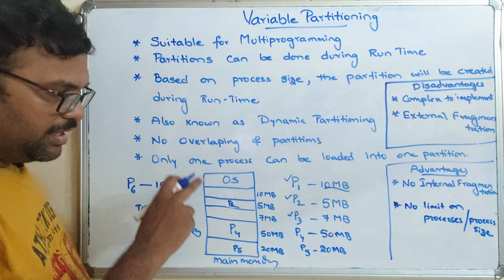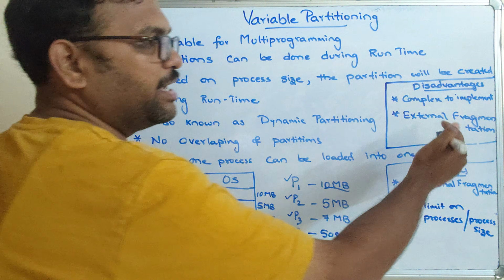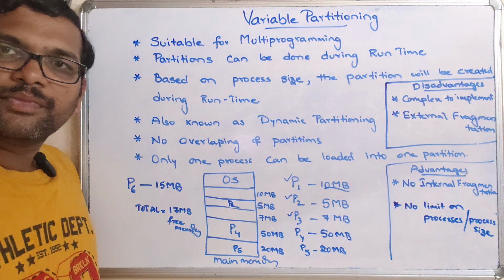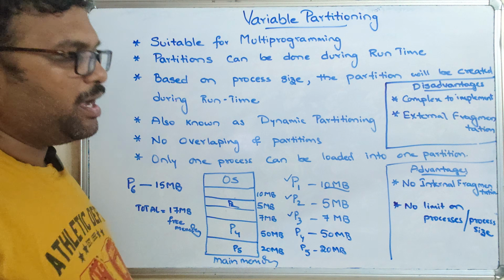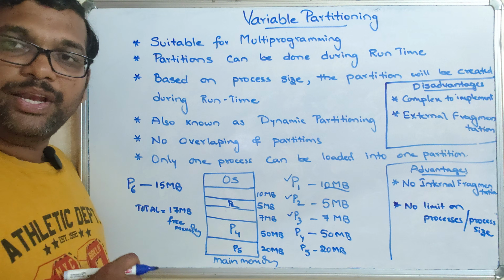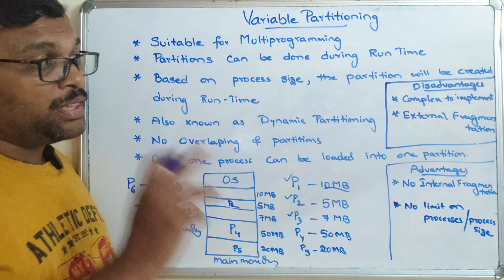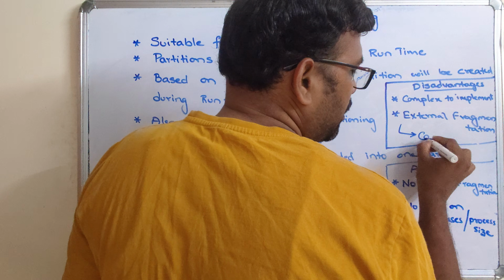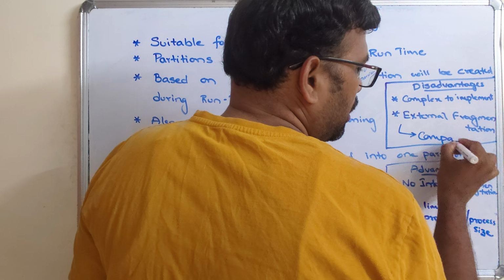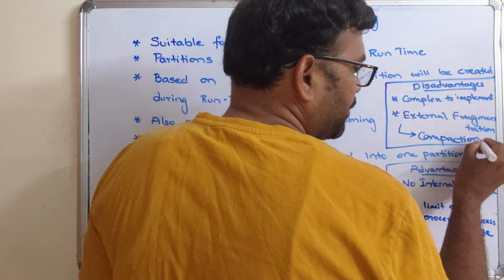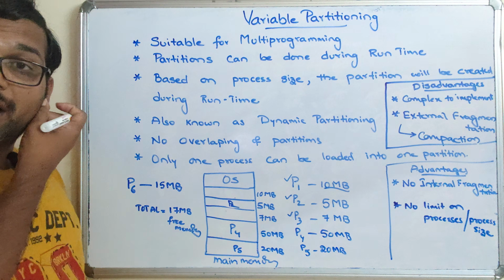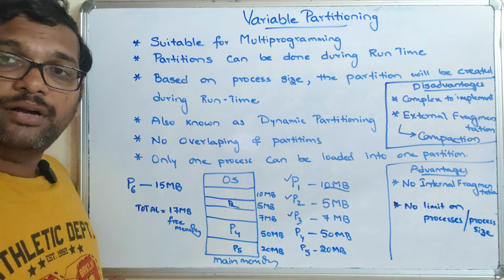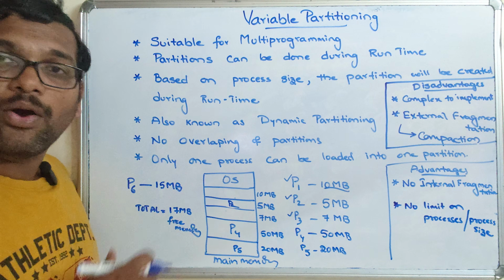So here we have external fragmentation. That is one drawback in variable partitioning. This external fragmentation can be overcome by using a process called compaction.